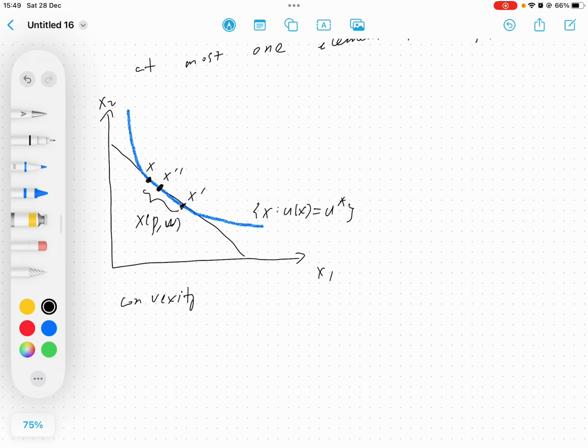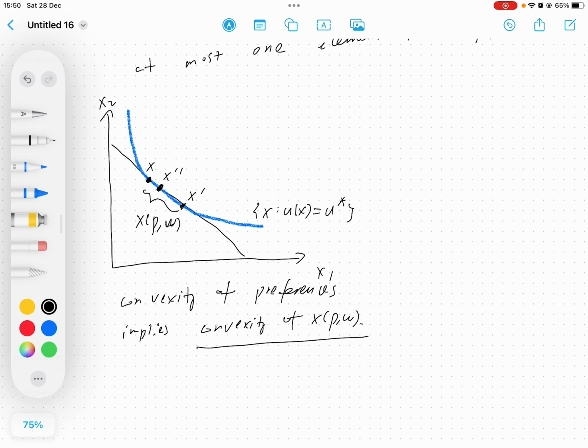Convexity of preferences implies convexity of set X. A very important point is that we're talking about the convexity of some set X. This is not convexity of a function, we're not talking about any function here.